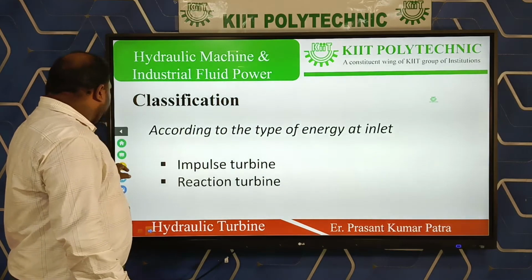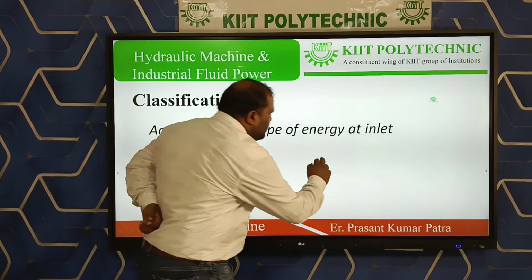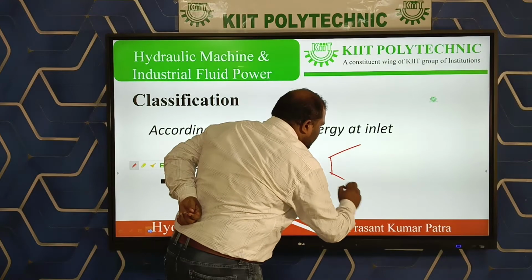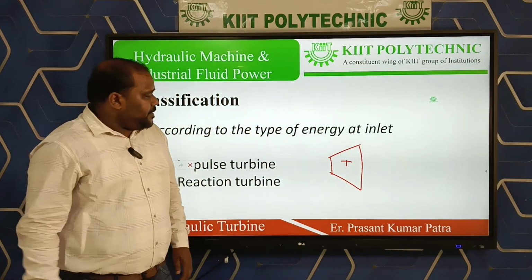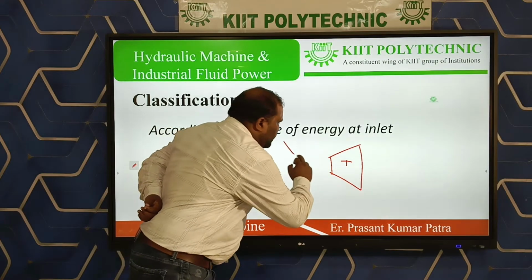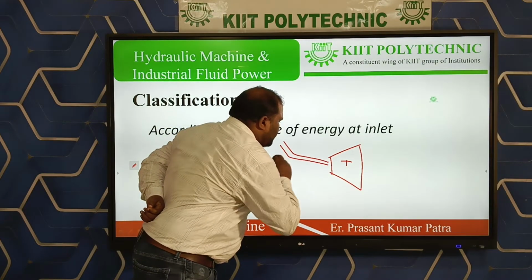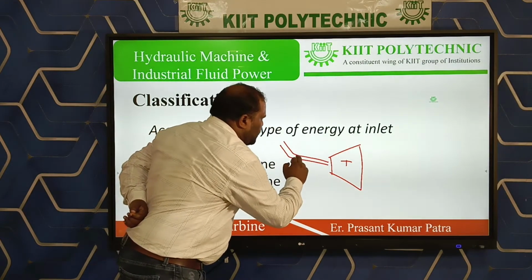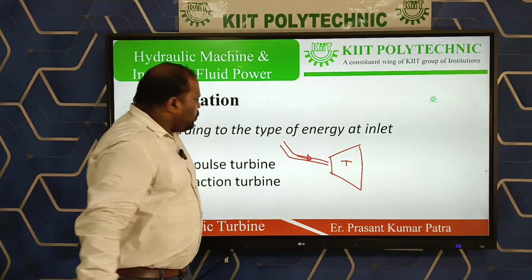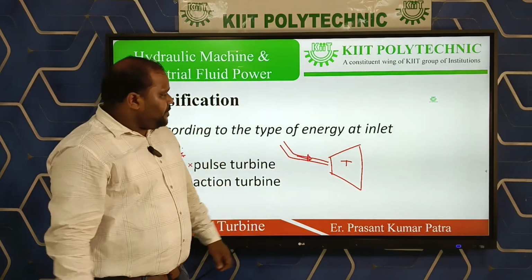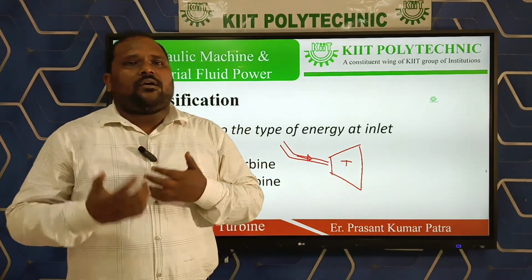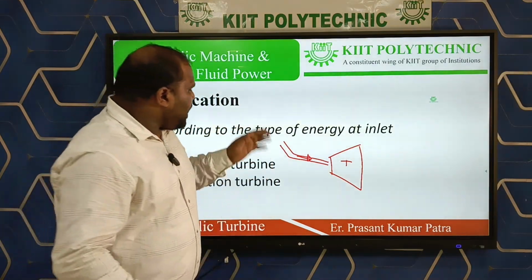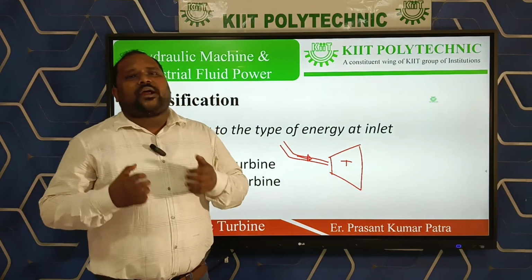You can see it is a turbine. I am just taking this as a turbine, and water is flowing into the turbine like this. When water is flowing into the turbine, what is the energy present in the water? That energy we can say is the hydraulic energy.